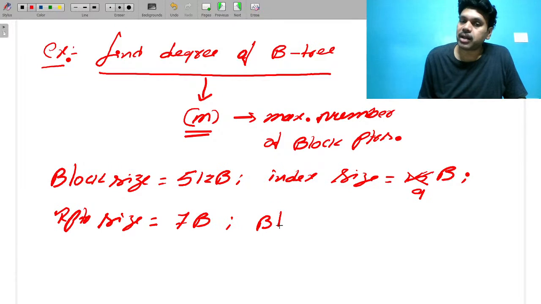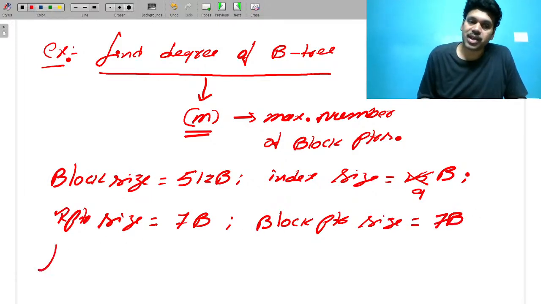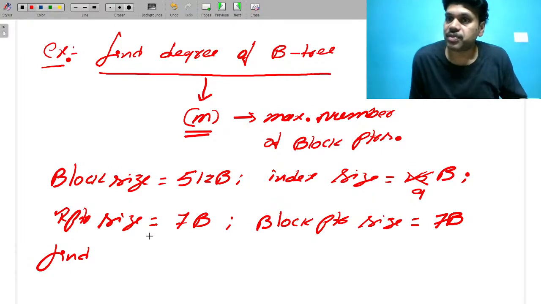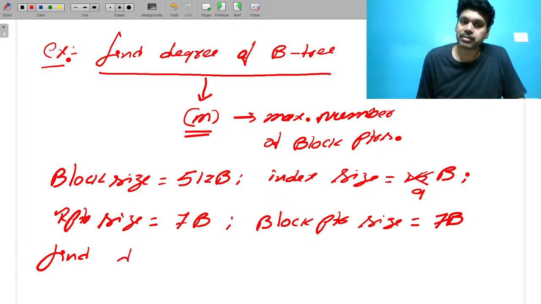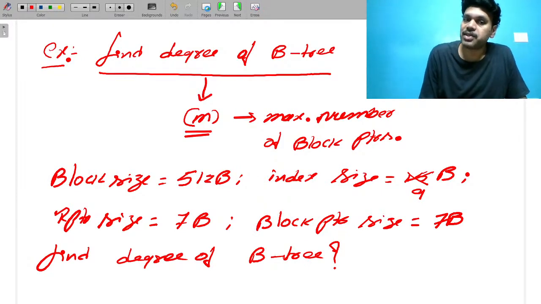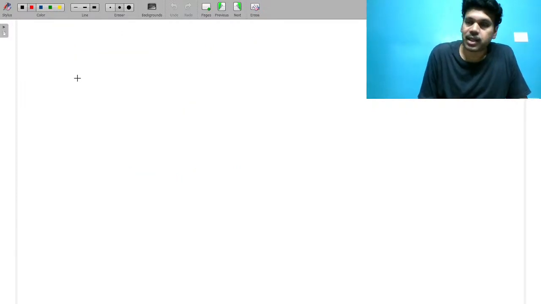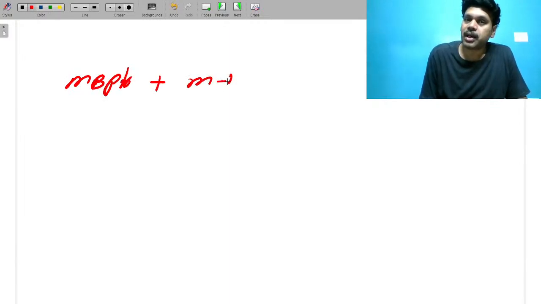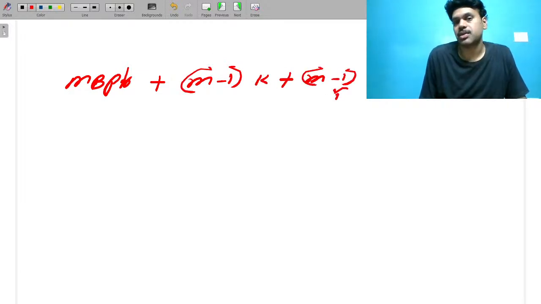And if I am saying that your block pointer size is 7 bytes, now he is asking to find the degree of B tree or order of B tree. So we know the equation. What is that equation? M block pointers, m minus 1 search keys and m minus 1 record pointers are supposed to be placed in your block.